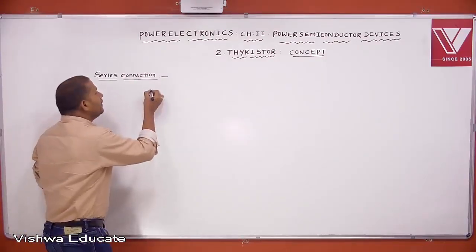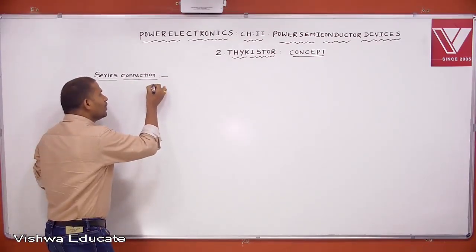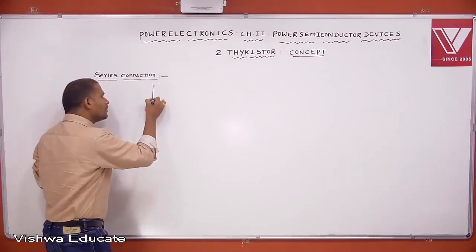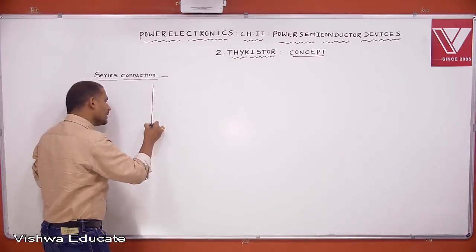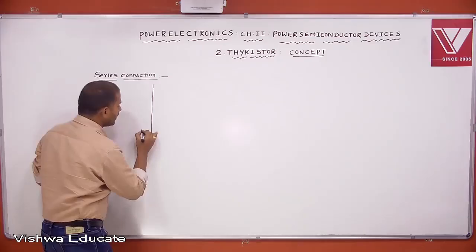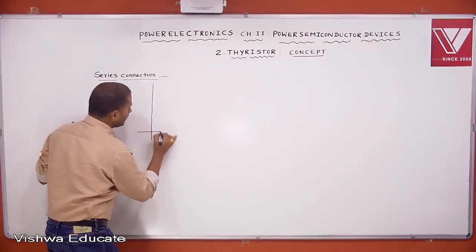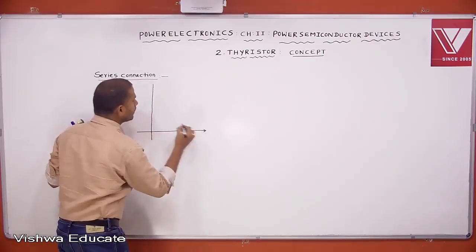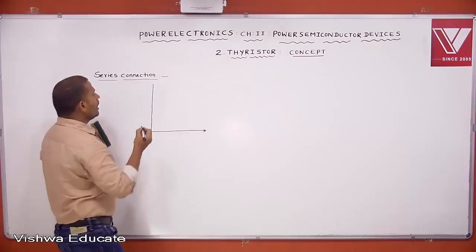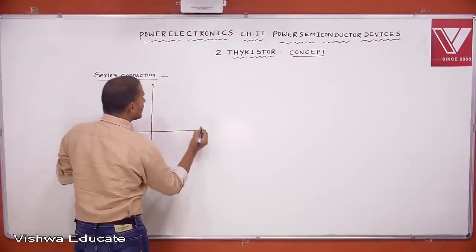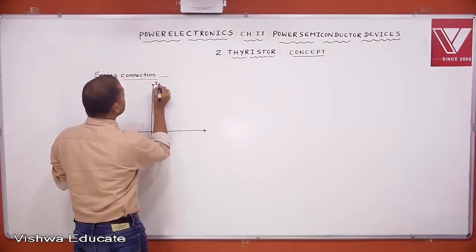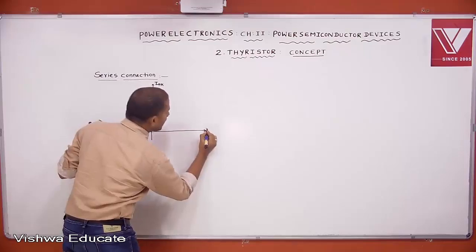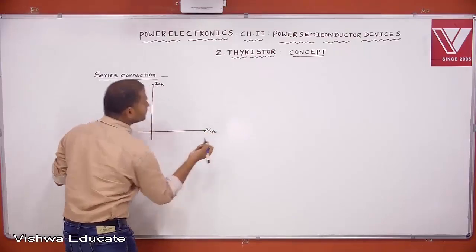Why? There is an unequal voltage distribution due to unequal static VI characteristics. This characteristic I have already drawn, with anode to cathode current and anode to cathode voltage.